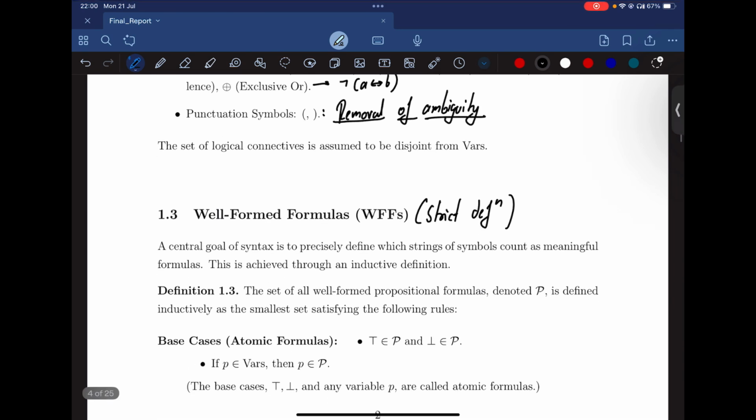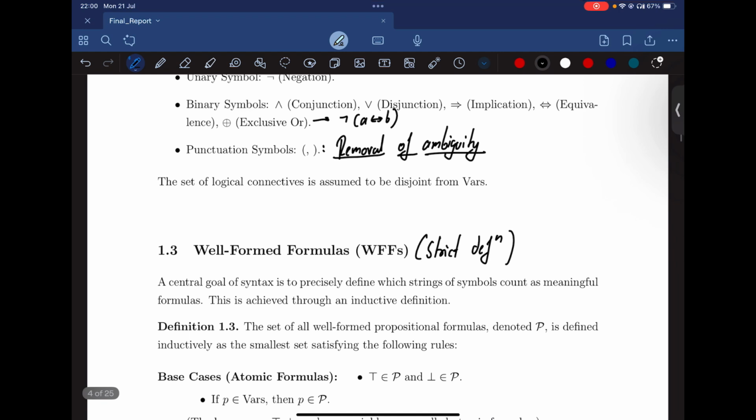Now, what are well-formed formulas? The reason we use punctuation is to remove ambiguity; well-formed formulas provide us a way to precisely define what a logical formula is.